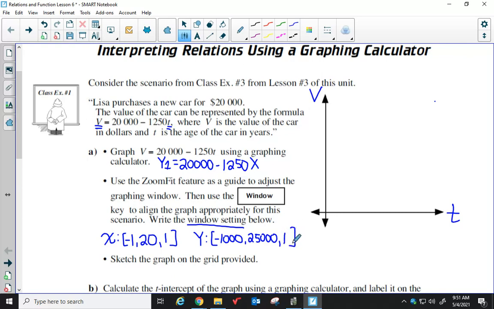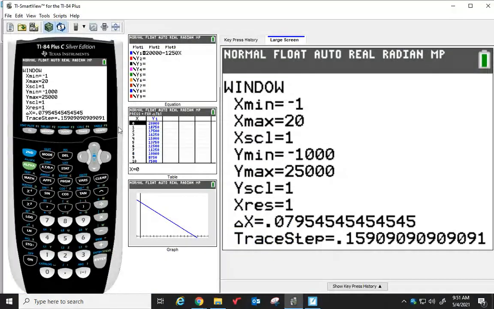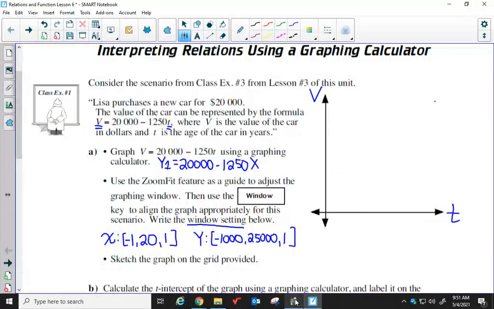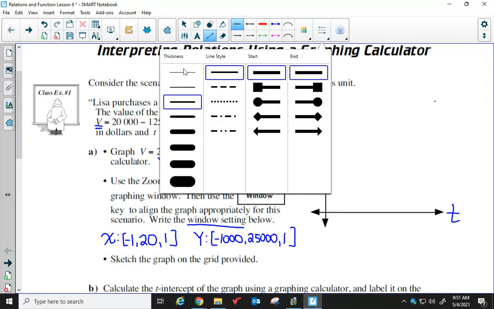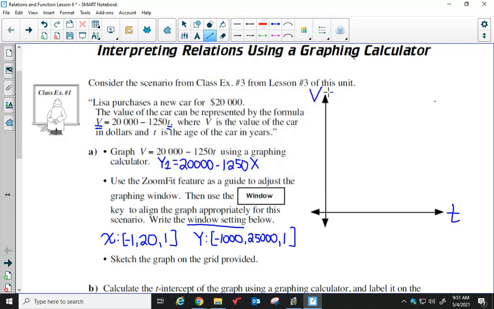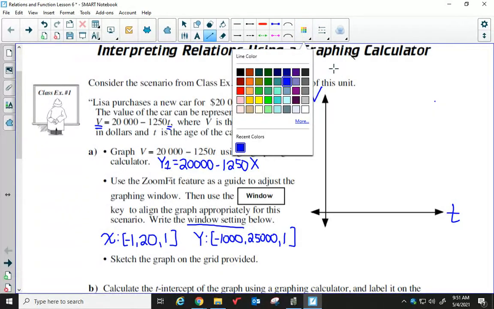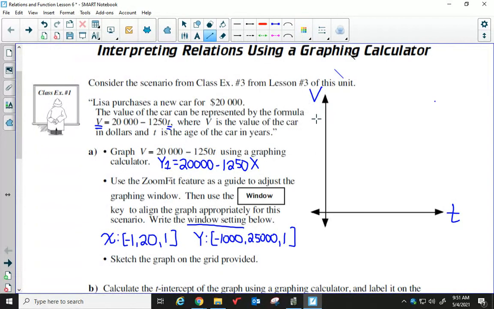And then let's sketch the graph based on what we see in our calculator screen. So let's go back here, and it looks something like this. So I'll just grab a line and I'll just sketch it. Let's make it blue in color. Okay, so it looks like it starts at about here and does something like this.